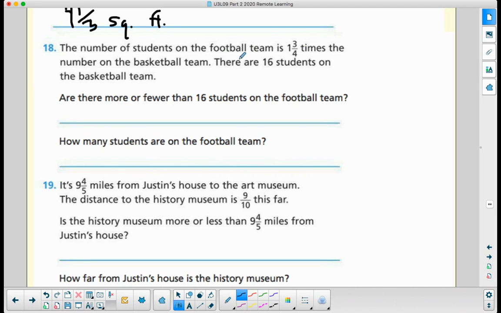So the football team has 1 3/4 times as much as the basketball 16. It's more than one time. So it has more.